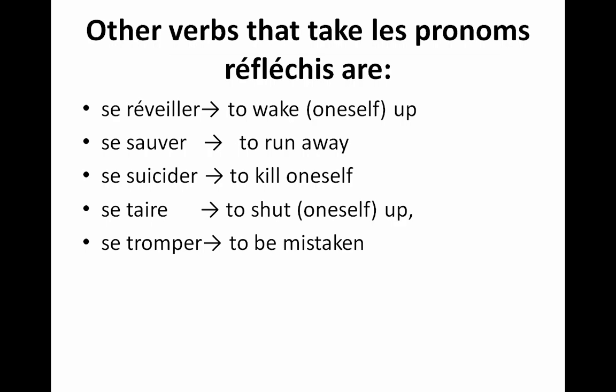And then you have se tromper, which is to make a mistake, and it's also to cheat on a lover or a girlfriend, boyfriend, and so on. Okay. Se tromper: je me trompe, tu te trompes, il se trompe, nous nous trompons, vous vous trompez. Okay, and those are your pronoms réfléchis.